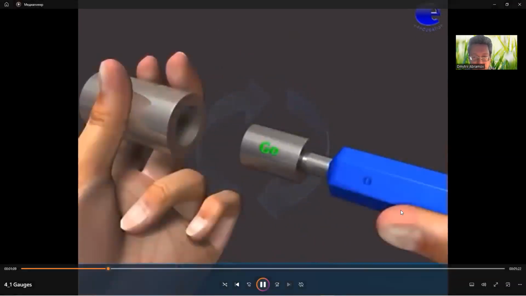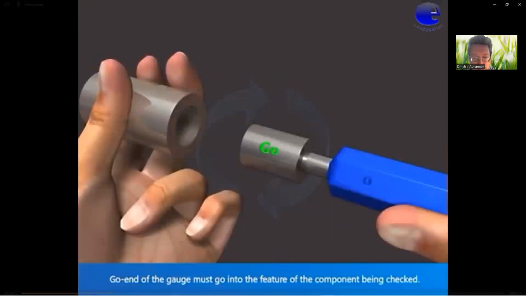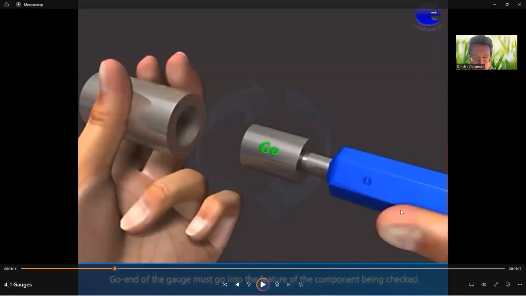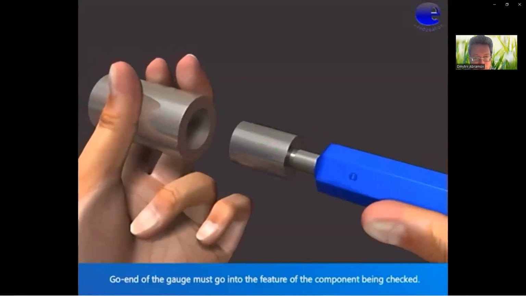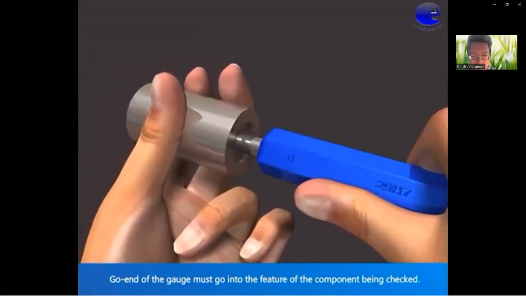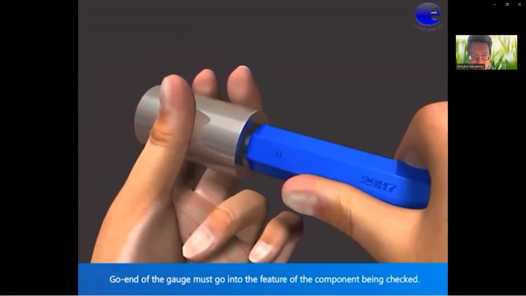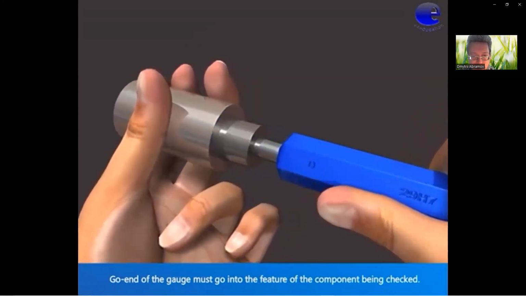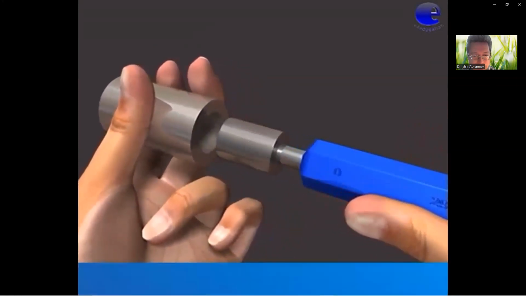The go end of the gauge must go into the feature of the component being checked. And you can see that it does. So this part is valid.